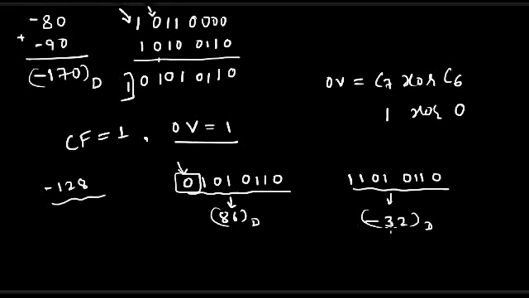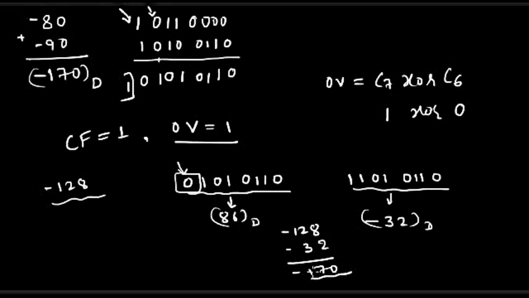So what this result is saying is that the result exceeds the negative limit of minus 128 by an amount of minus 32. If we add these two numbers, we will get minus 170 as our answer.